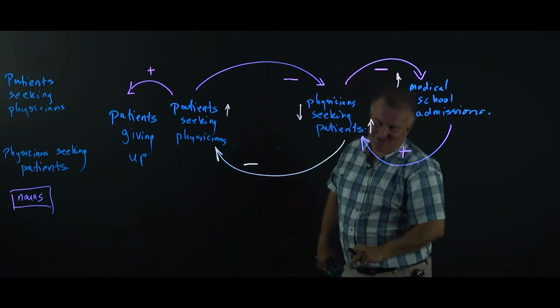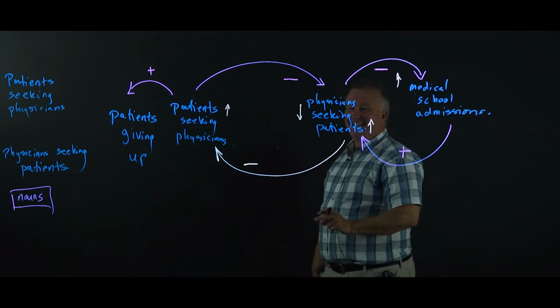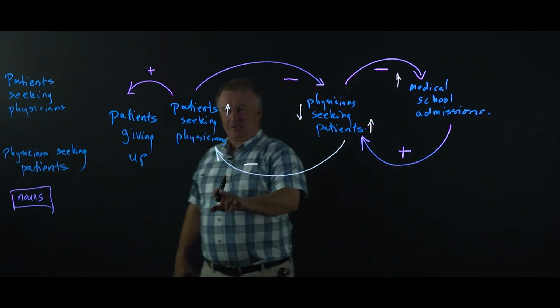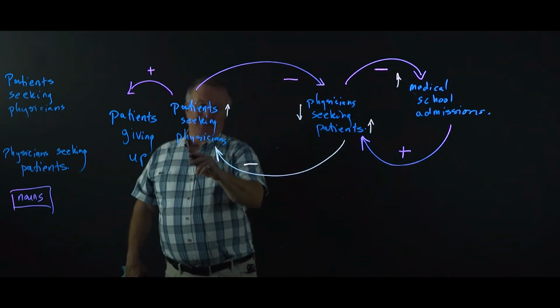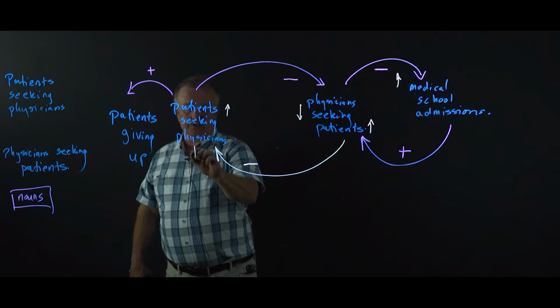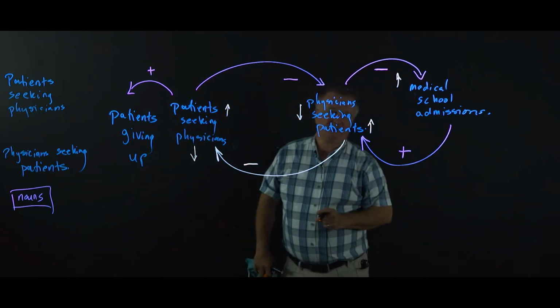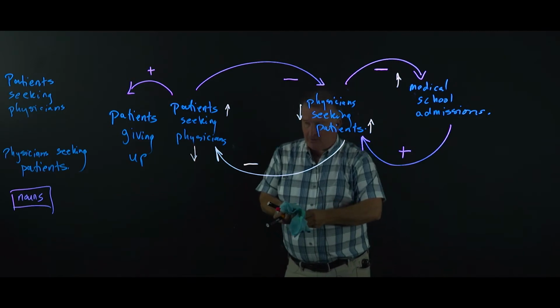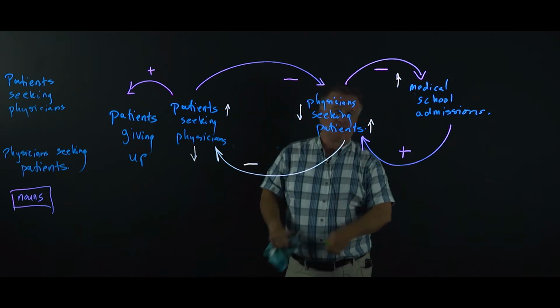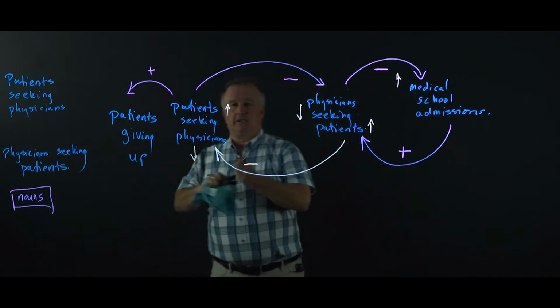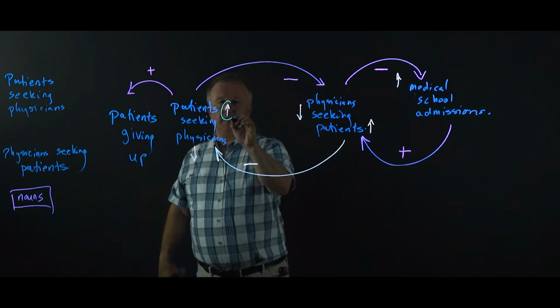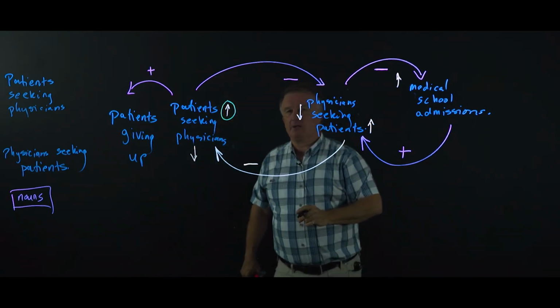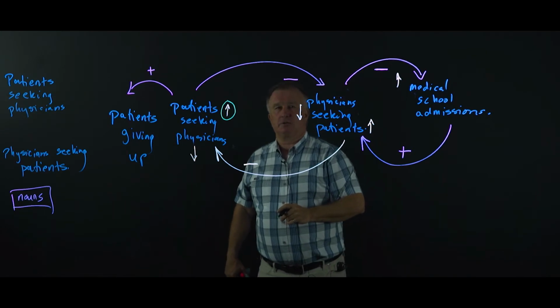And if this increases, then this is going to cause a decrease in patients seeking physicians. And so I'll use the green dashed line again just to trace through that once more. We started out by saying, suppose that we have an increase in the number of patients seeking physicians.